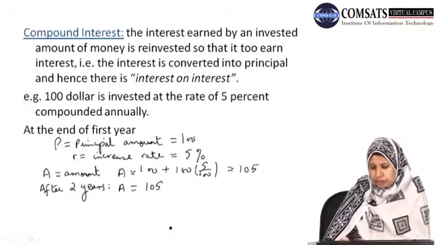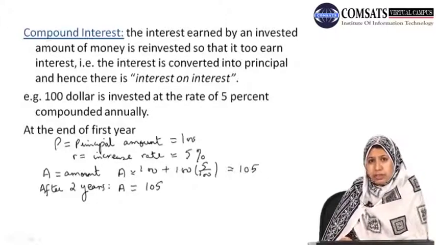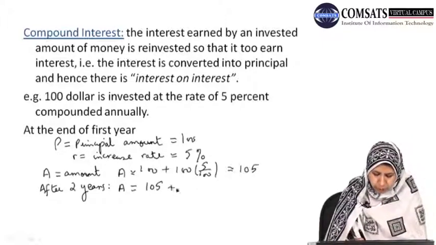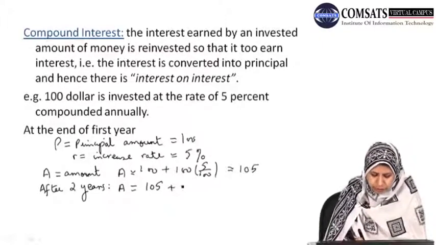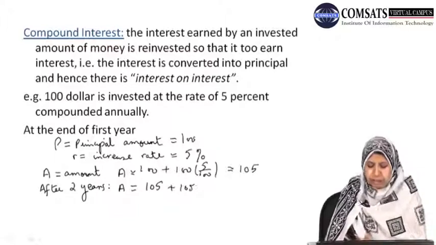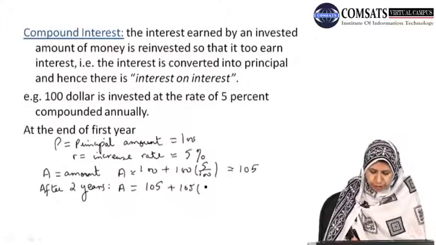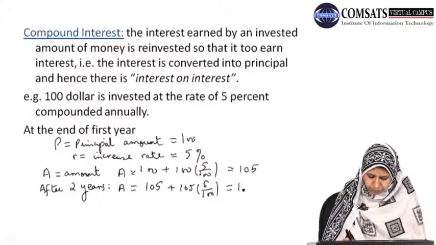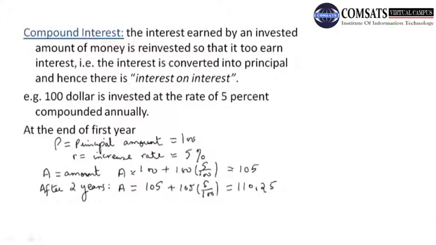So after 2 years we will obtain the interest on this increased amount 105, with the same interest rate, 5% of 105, and we obtain 110.25.